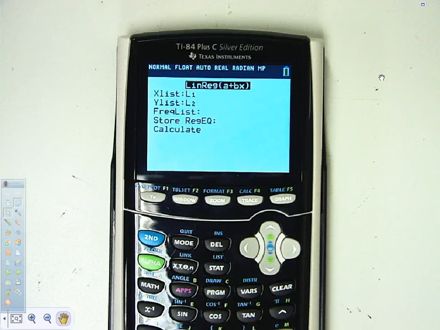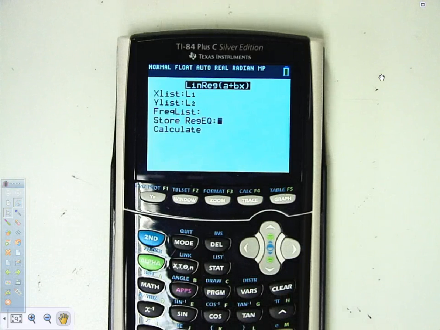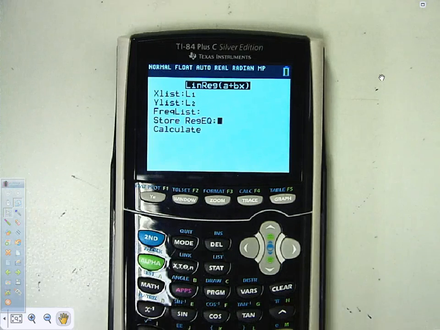Mine's in list 2, so that's my Y list. And then your frequency list we're going to ignore. And then you do have the option of when the calculator calculates the equation for the least squares regression line that you can store it into one of your Y equals. To do that, we need to put a variable in there.